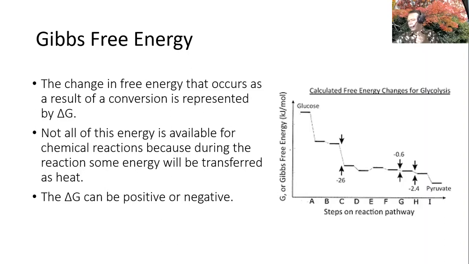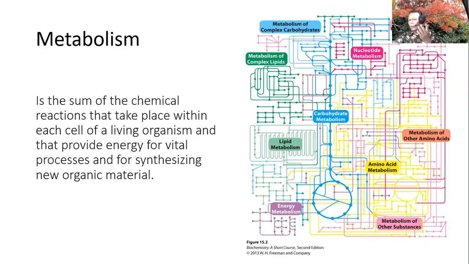Okay. Now let's move to metabolism. Metabolism is the sum of the chemical reactions that take place within each cell of a living organism and that provide energy for vital process and for synthesizing new organic material.